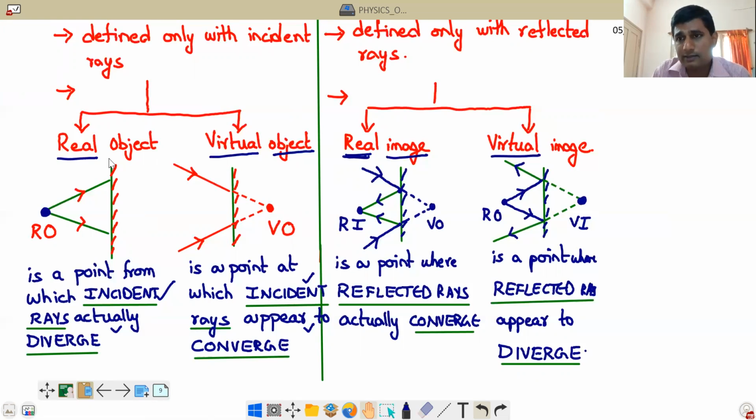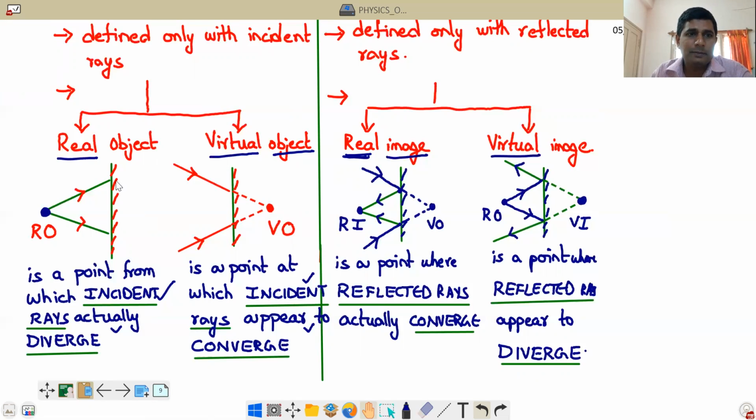If a definition has the term incident ray, you should immediately understand that the definition belongs to objects, either real object or virtual object. That is different.